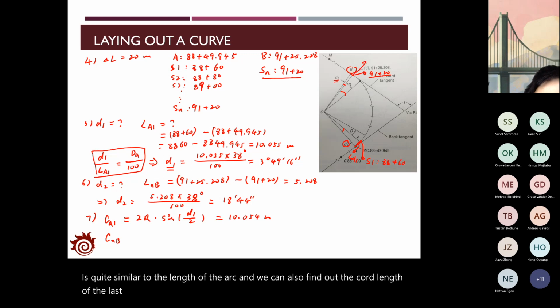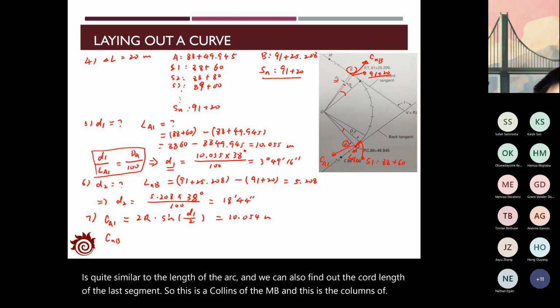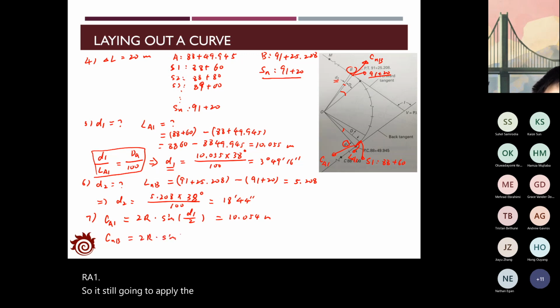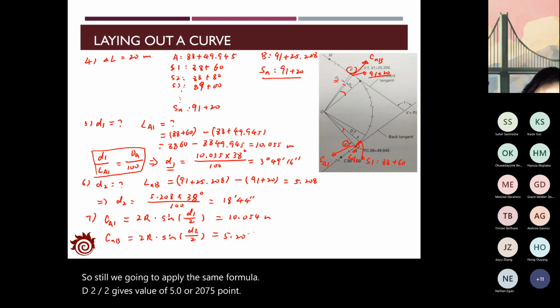And we can also find out the chord length of the last segment. So this is the chord length of MB, and this is the chord length of A1. So still we're going to apply the same formula, D2 divided by 2, which gives you the value of 5.207 meters.